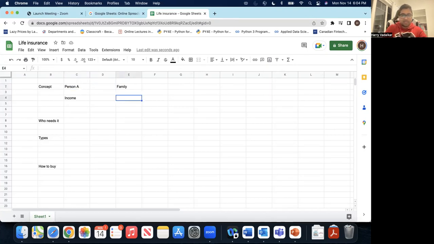So the risk the family faces is financial difficulties if something happens to person A. Now, what can you do with this risk?